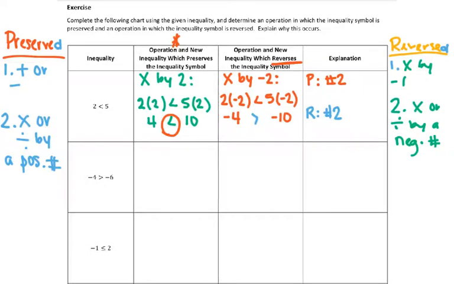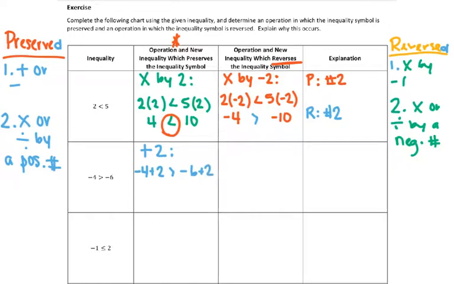Now, let's look at the second row down. It says -4 is greater than -6. That's a true statement. In this second column, we want to keep it a true statement. So this time we're going to use the first preserved property, and we're going to add 2 to both sides. So now we have -4 plus 2 is greater than -6 plus 2.